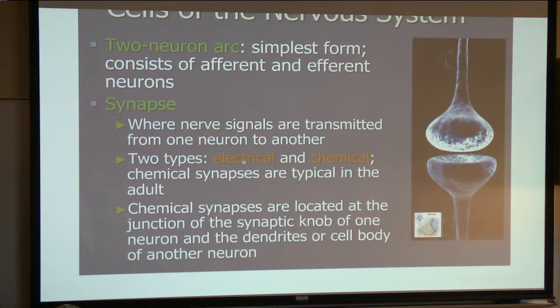You can have electrical synapses, not very common types of synapses. Chemical are the most common and typical types of synapses. Chemical synapses involve neurotransmitters. The chemicals that get released are called neurotransmitters because they are transmitted from one neuron to another, from one neuron to an effector, and they are chemicals, okay, that get transmitted, so neurotransmitters.